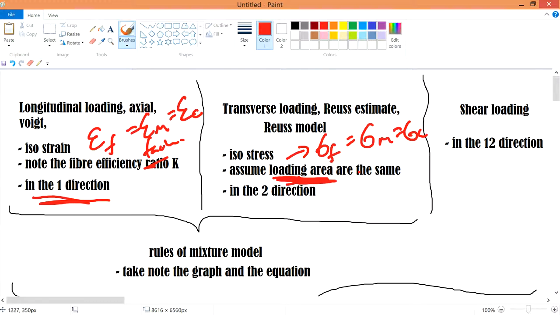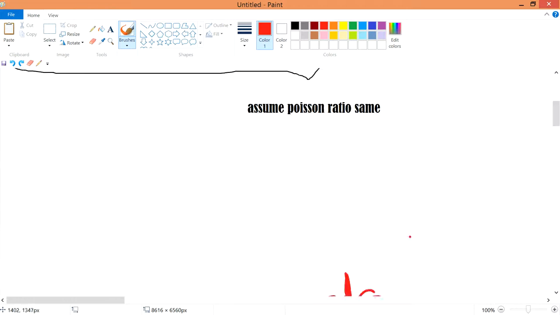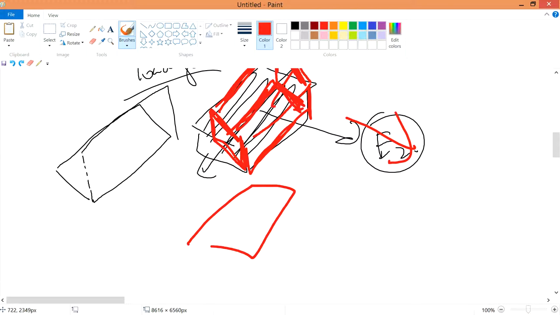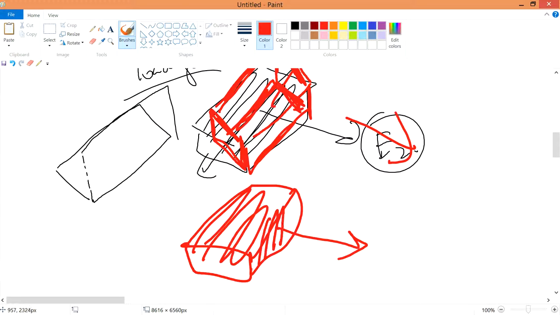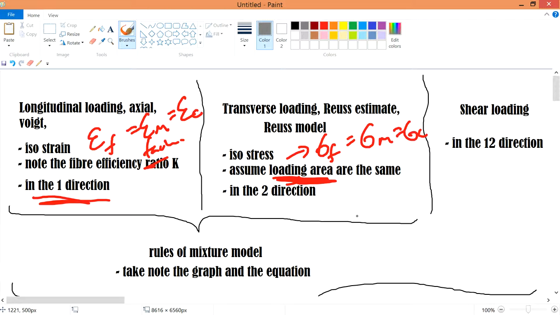Assuming the loading areas are the same means the area where you pull, whether matrix or fibers, is the same for all. This is why AF equals AM equals AC.